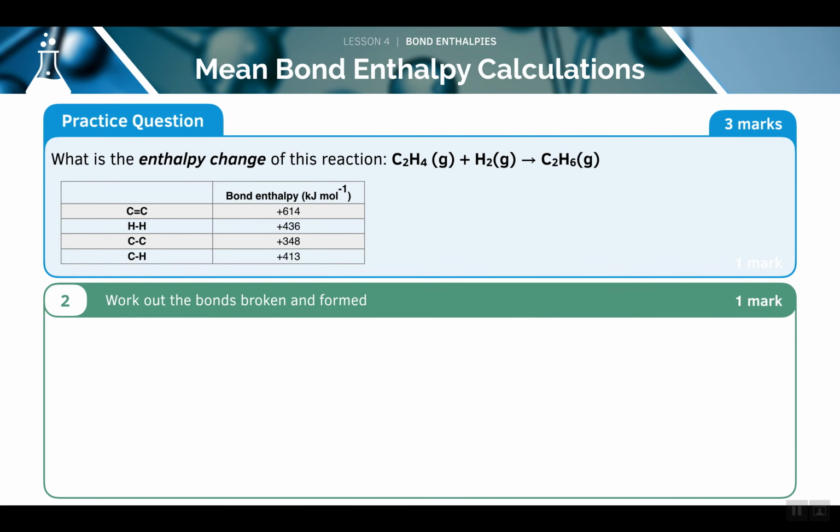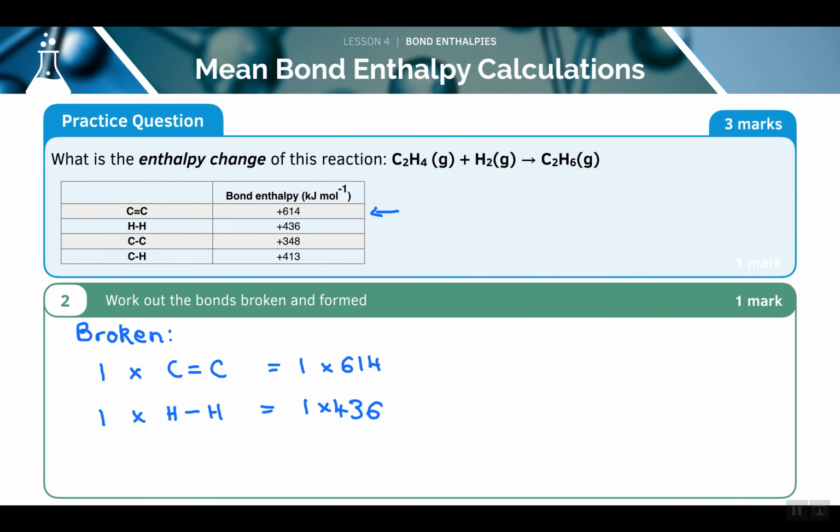Next, we can write down the types and numbers of bonds that are broken and formed. So our broken bonds are going to be 1 C double bond C, which is 1 times 614, and 1 H bond, which is 1 times 436.